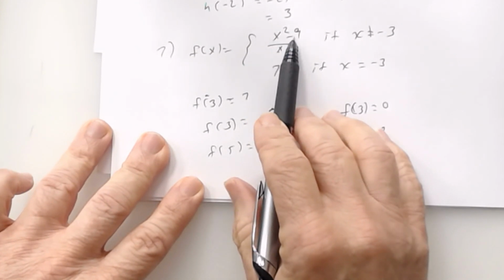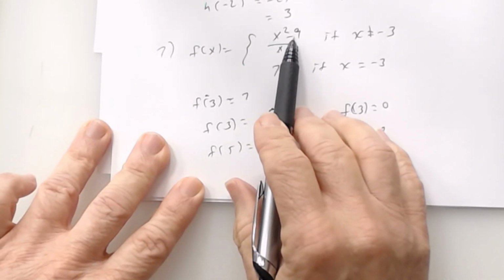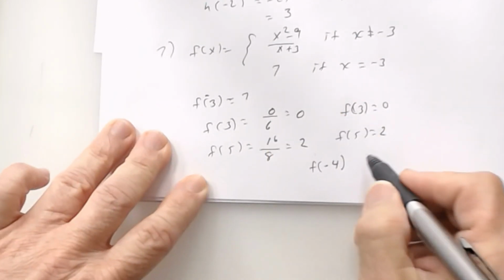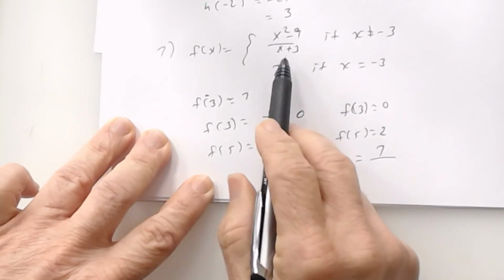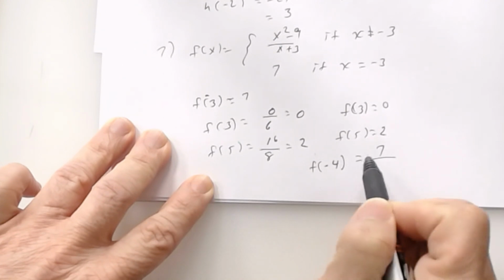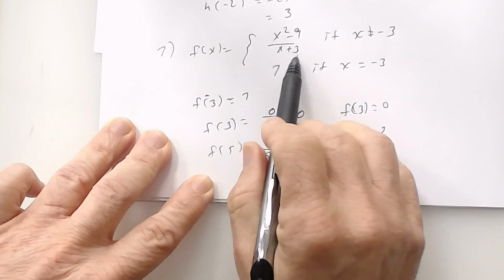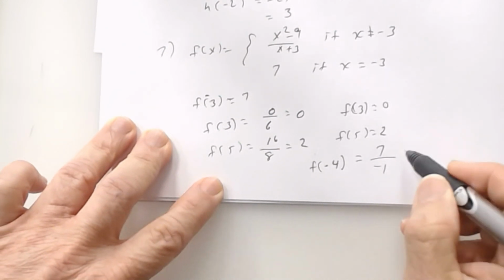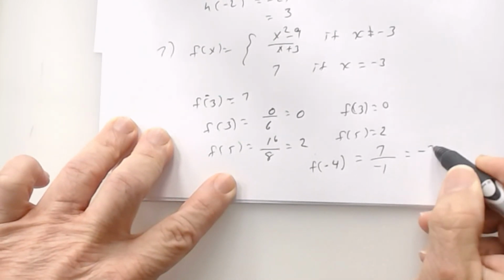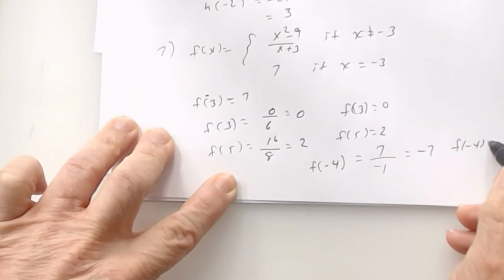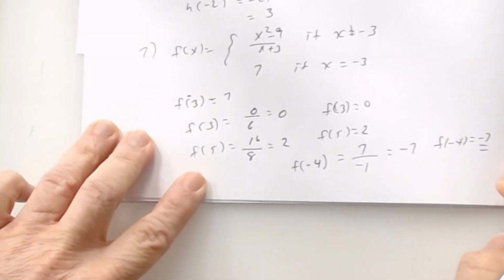What's 16 subtract 9? 7, okay? And then the denominator, we were using 5, is that correct? No, negative 4. What's negative 4 plus 3? So it's 7 divided by negative 1. So f of negative 4 equals negative 7.